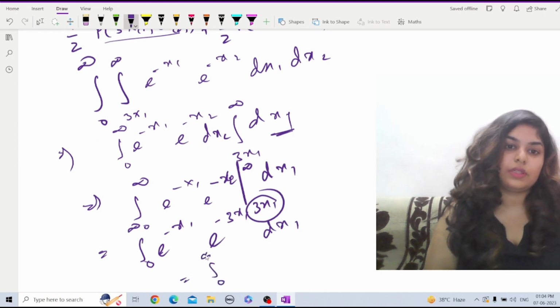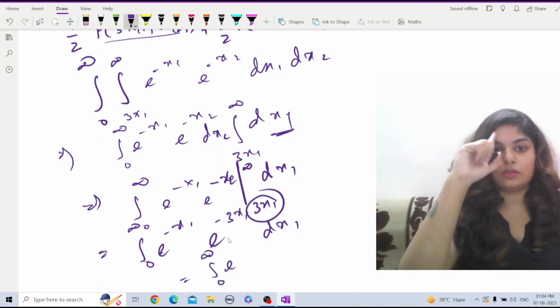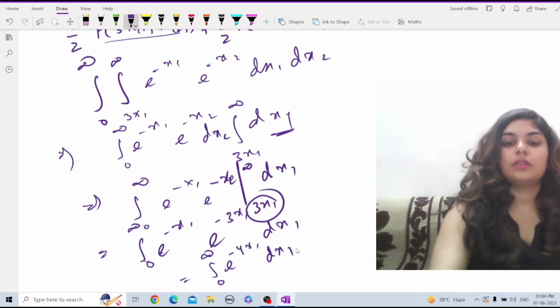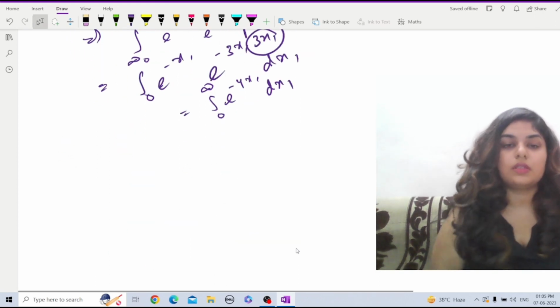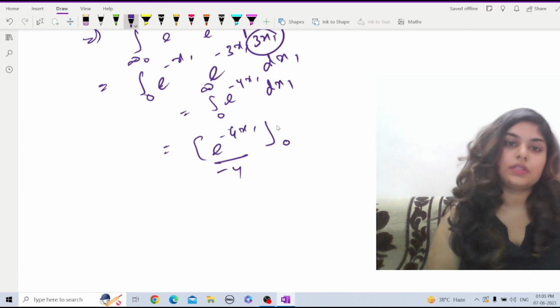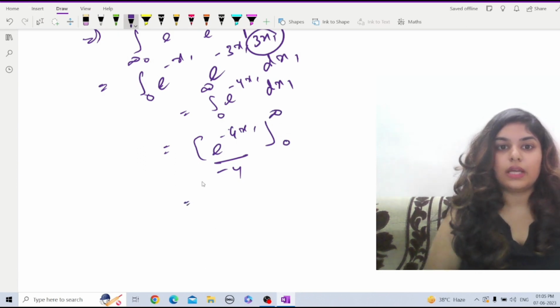So this is the integral from 0 to infinity of e to the power minus 4x1 dx1, correct? After solving this, we have e to the power minus 4x1 by minus 4 within the interval 0 to infinity.